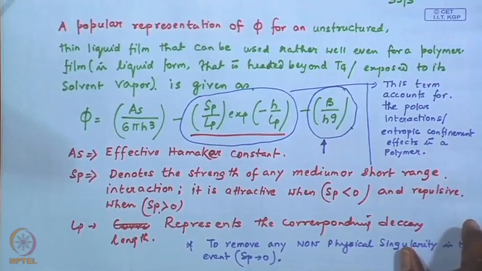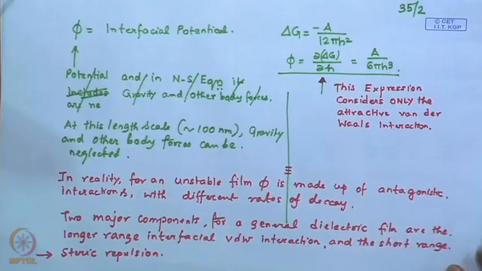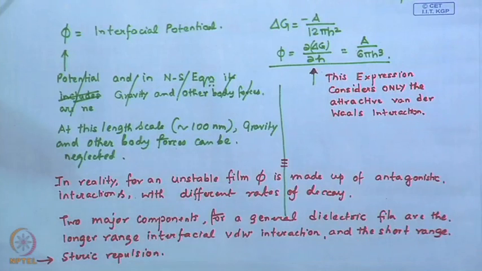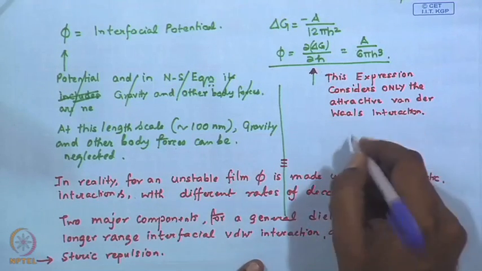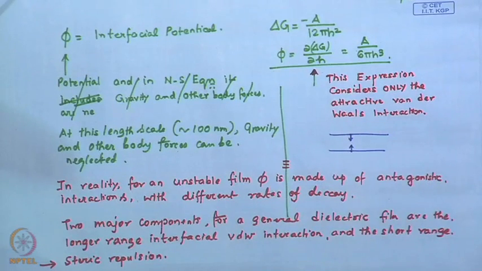the interface potential. But for our analysis we are looking at the possible origin of instability, which, as we have already talked, is attributed to the interfacial attraction, long range van der Waals attraction. That is the only reason of instability we are assuming so far, or in other words, the attractive long range van der Waals interaction between these two interfaces is the only force that is responsible for instability.